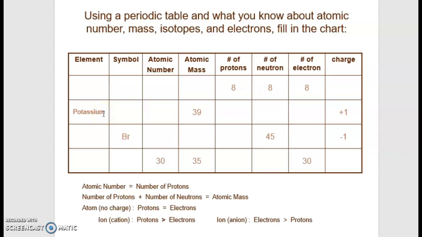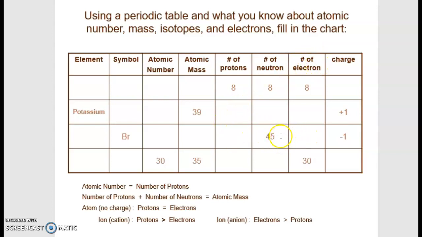It gives you potassium and the atomic mass number. So you have to figure out the symbol, atomic number, and so on. Look at this second one from the bottom. It gives you the number of neutrons and it tells you that it's bromine. But you have to be careful because remember that the number of protons and electrons is the same as the atomic number.